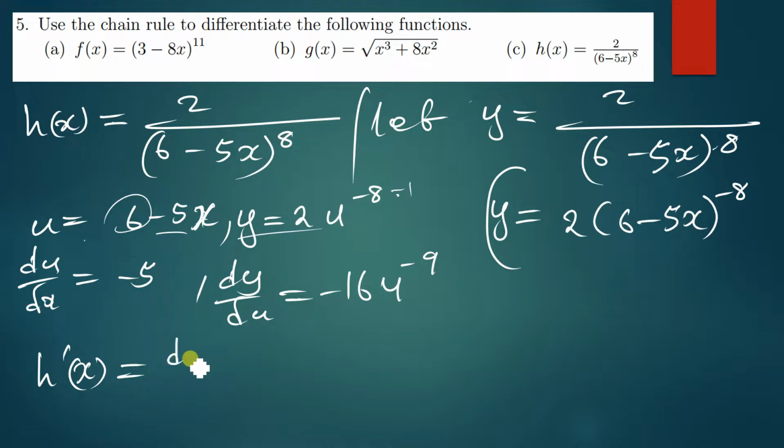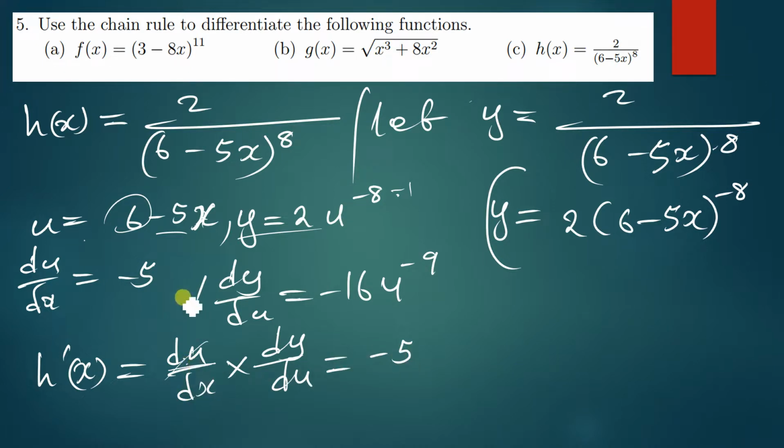So we say du dx times dy du. So this and that should be in a diagonal, so that if you multiply them, this can cancel and you just remain with dy dx. That's the easiest way of mastering that. So du dx is negative 5, so we put negative 5 there.